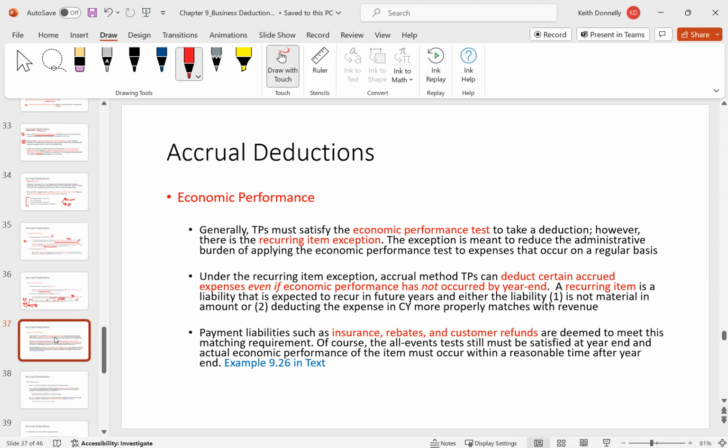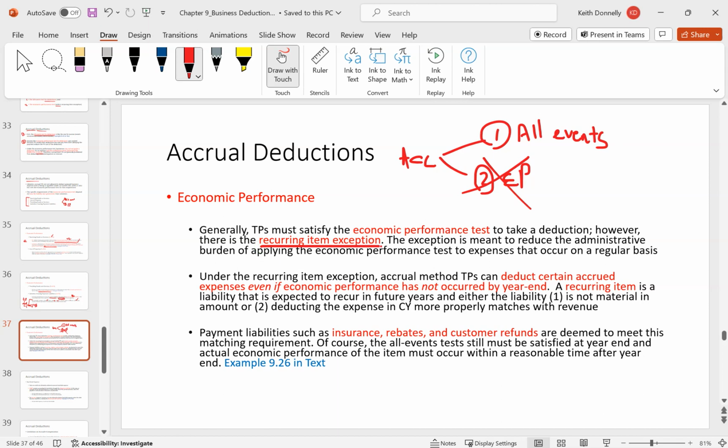So as I have here, right, we said with an accrual method taxpayer, they have to meet 2 tests, right? All events and economic performance. We talked about economic performance, the 4 situations. This says, hey, you do not need to meet economic performance if you have the recurring item exception.